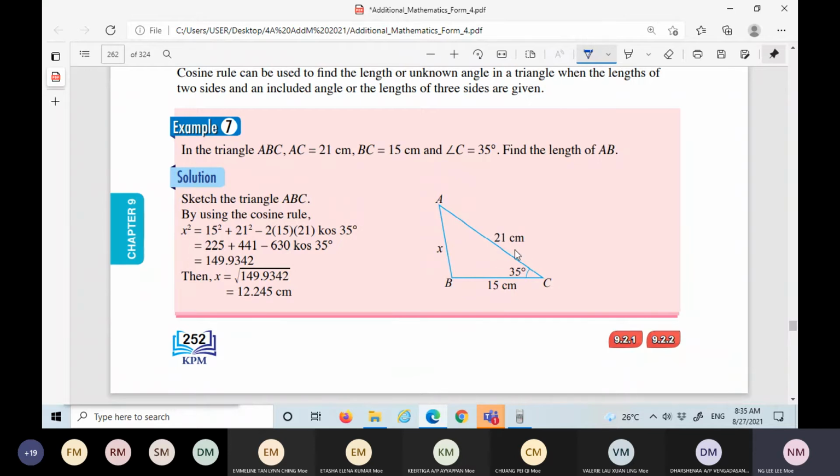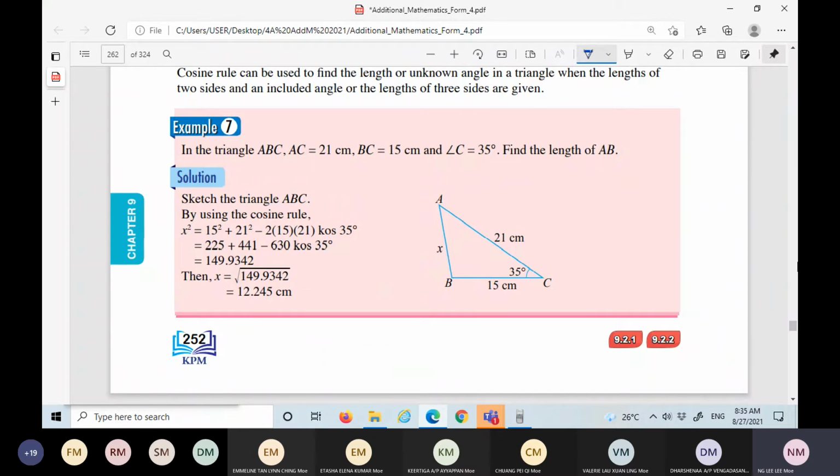This is how we say the condition: the first type of condition for using the cosine rule, which is two lengths and one included angle. So you use the cosine rule. What do you want to find? AB. So you can set this AB as X. So what is the cosine rule?